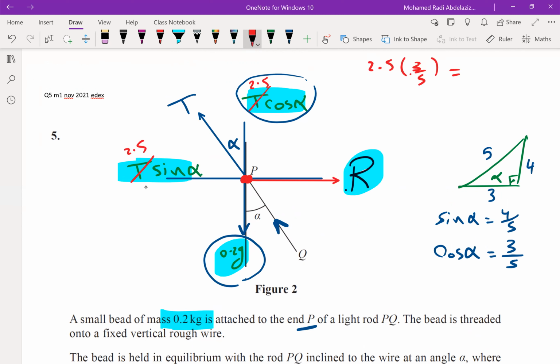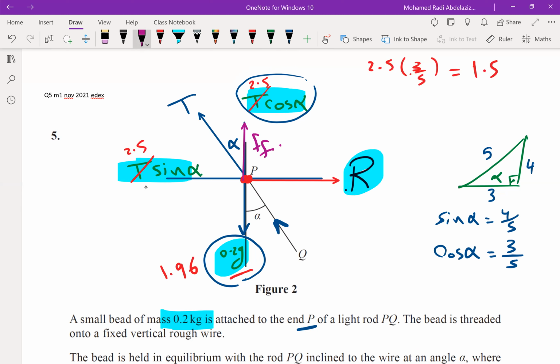You can calculate this value to know which is bigger, up or down, to know the direction of the friction force. 2.5 multiplied by 3/5, so the answer will be 1.5 Newton. And down is 0.2 times 9.8, so the answer will be 1.96. The force acting down is more. So now it's clear that the frictional force will be up.